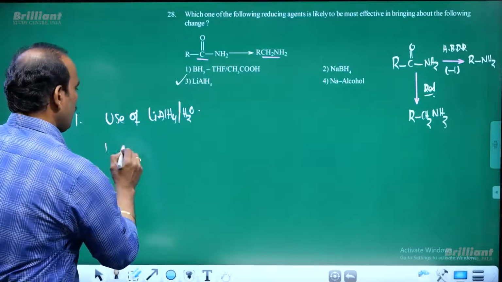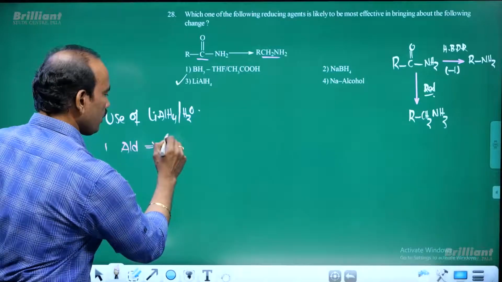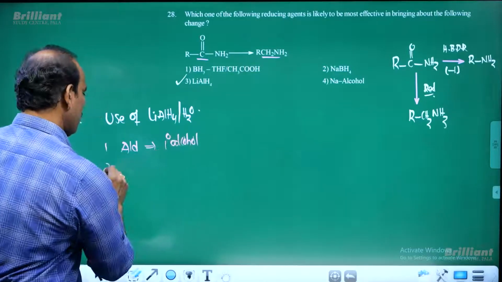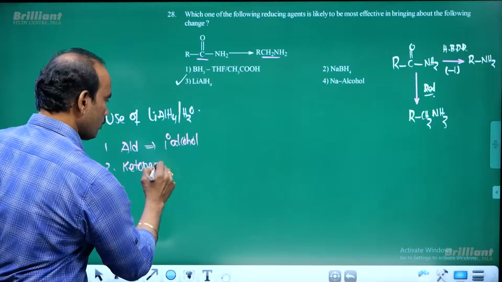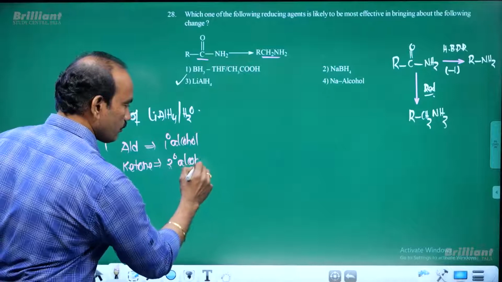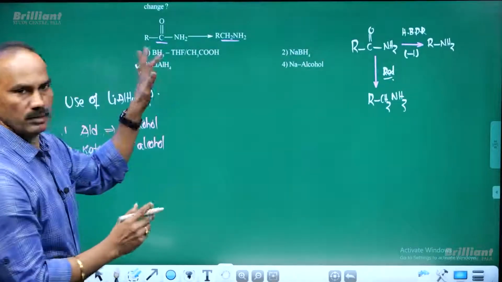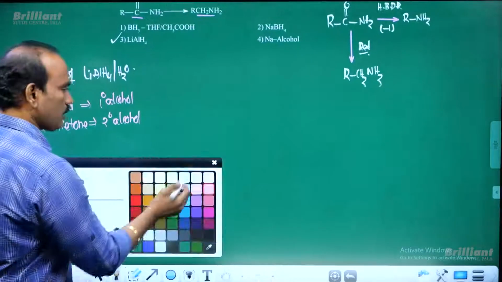Aldehydes change to primary alcohol, then ketones change to secondary alcohol. Okay, I give the answer. Don't think about them. I give the total concept of the reduction.